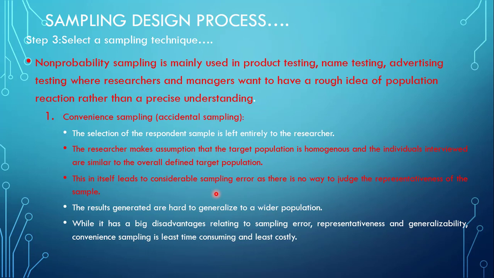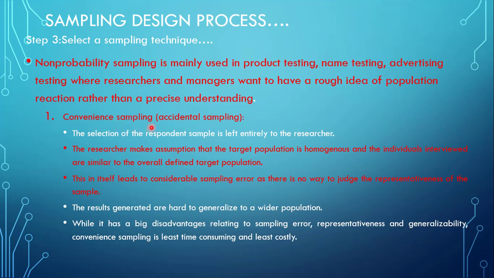But there are assumptions in here. The assumption is that in selecting convenience sampling or accidental sampling, the target population is homogeneous, meaning the population will have similar characteristics, similar nature. So there is no difference if you select from different areas.